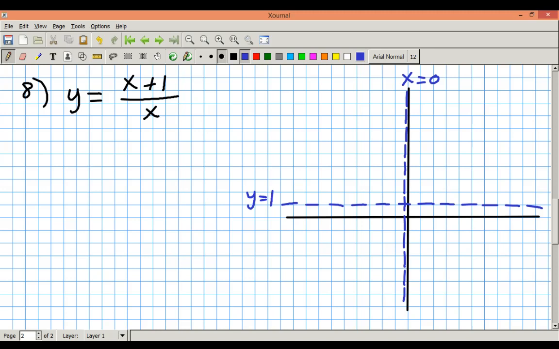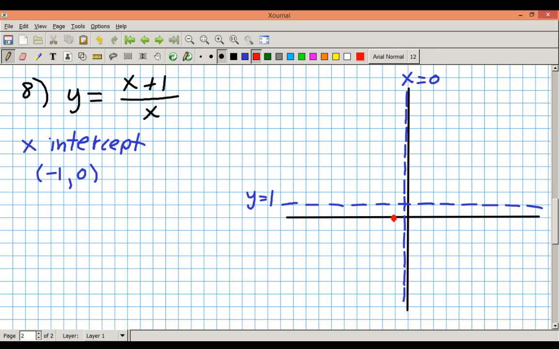Let's talk about intercepts. Let's go for the x-intercept next. The x-intercept is a point where the y-coordinate would be 0. So the value of x which makes the top 0 is -1. Because remember, y is going to be 0 where the top of the fraction is 0. So -1, 0, we have an x-intercept.